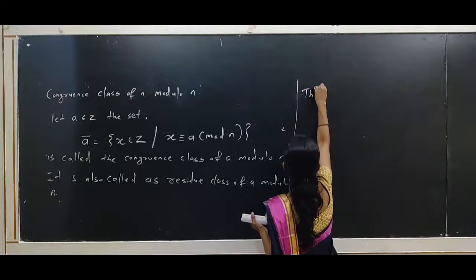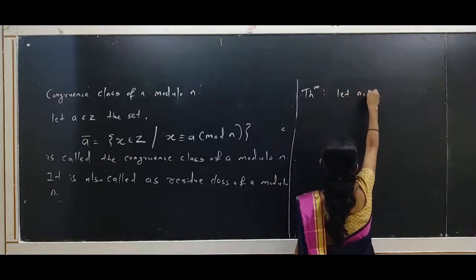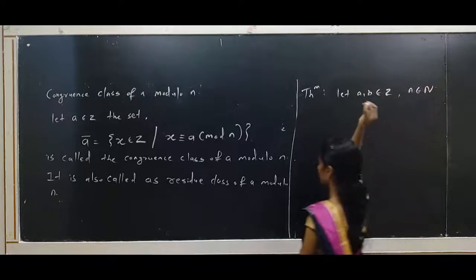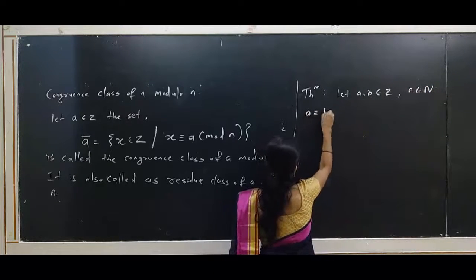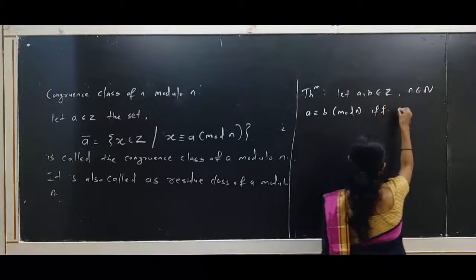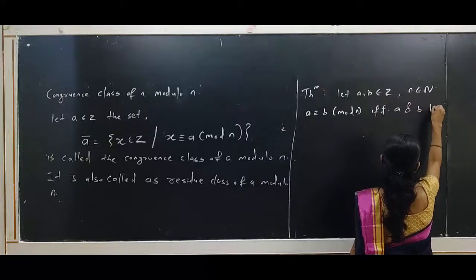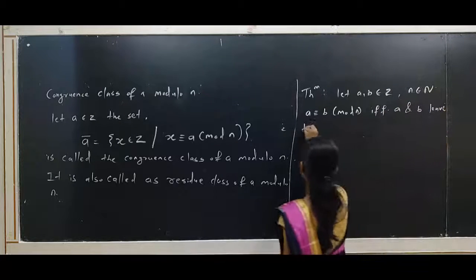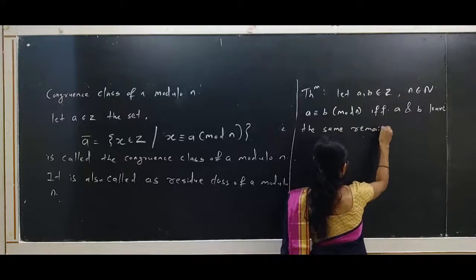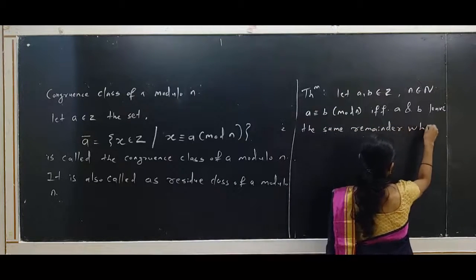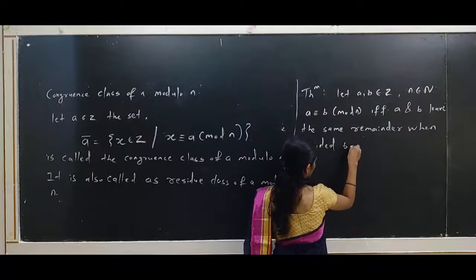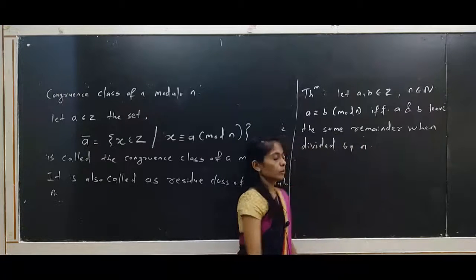Statement: let a, b belong to the set of integers, n belongs to the set of natural numbers. Here a is congruent to b modulo n if and only if a and b leave the same remainder when divided by n. Okay.